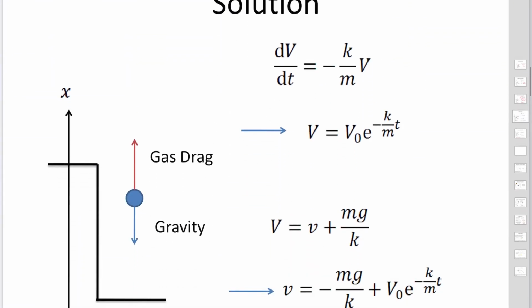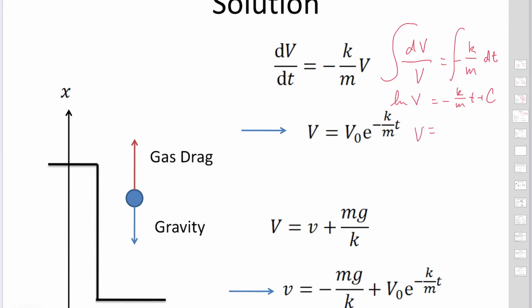This equation is very easy to solve. To solve it, we can apply the separation of variables: dV over V equals minus k over m dt. Integrate. So this becomes log V equals minus k over m t plus an integration constant.